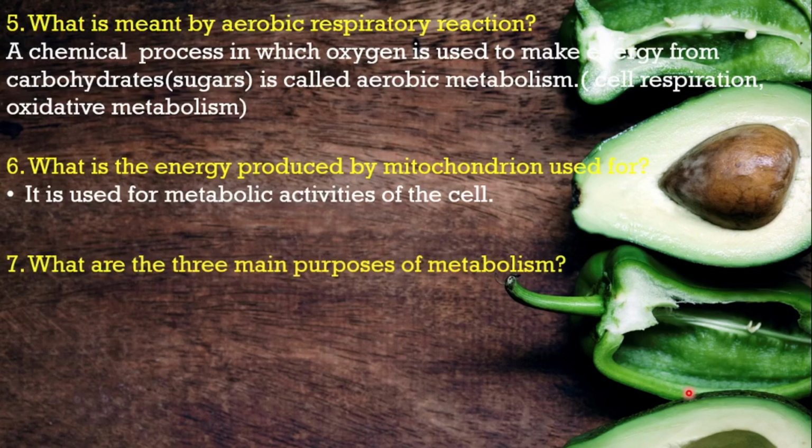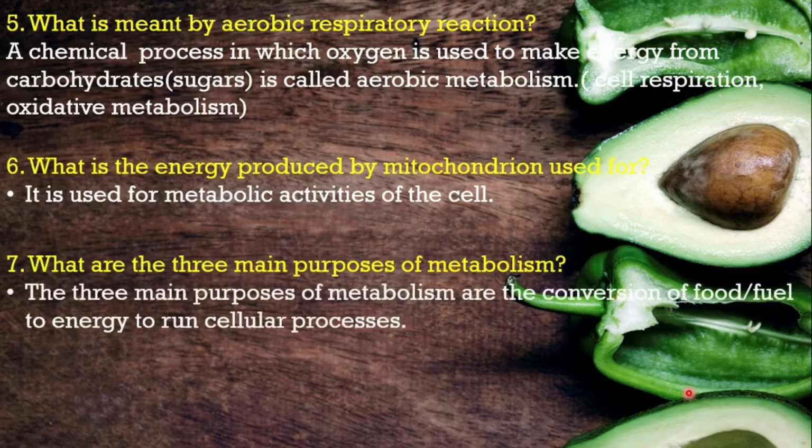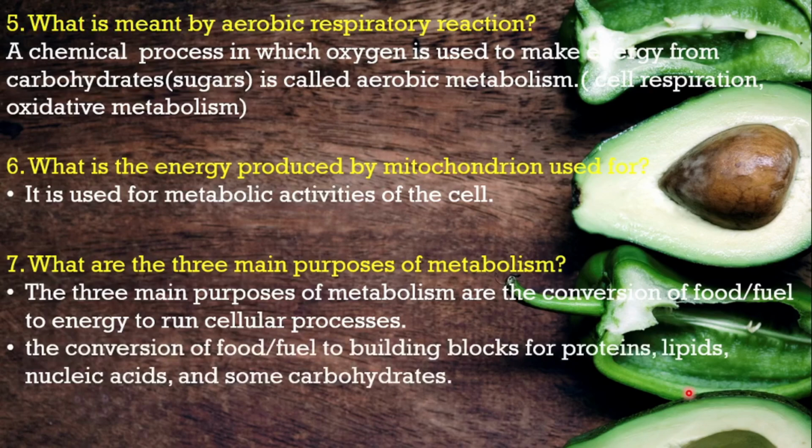What are the three main purposes of metabolism? The three main purposes of metabolism are the conversion of food, fuel to energy to run cellular processes, the conversion of food, fuel to building blocks for proteins, lipids, nucleic acids, and some carbohydrates, and the elimination of nitrogenous wastes.